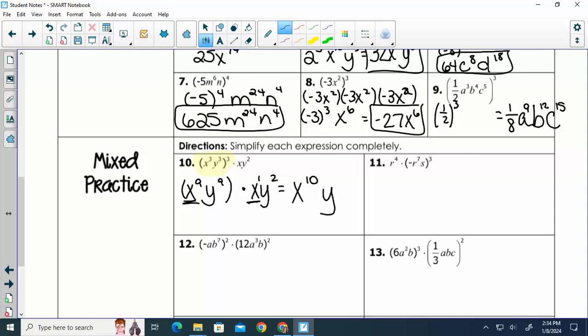We have 9 y's here and 2 here. Y to the 11. So that one took a little bit longer to get to. Let's look at 12.